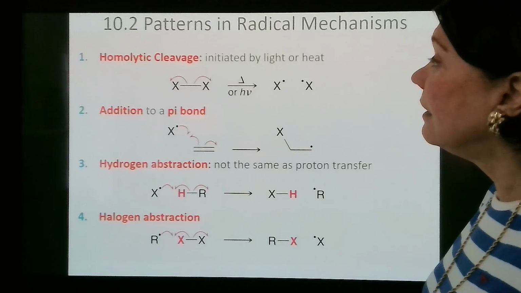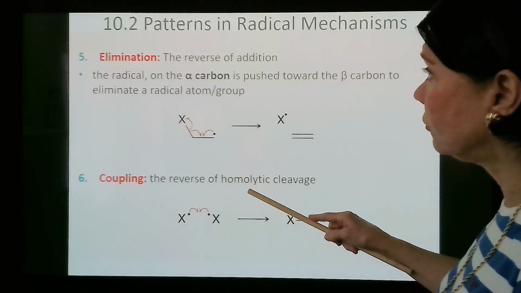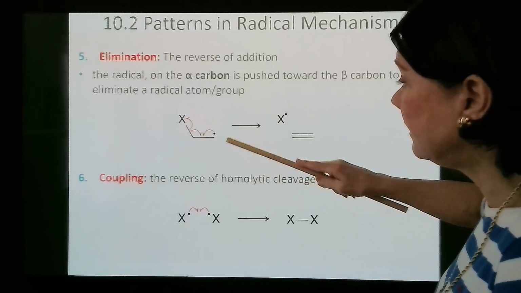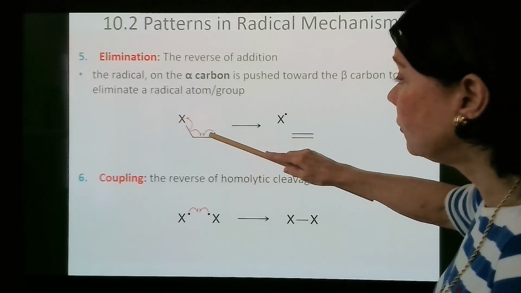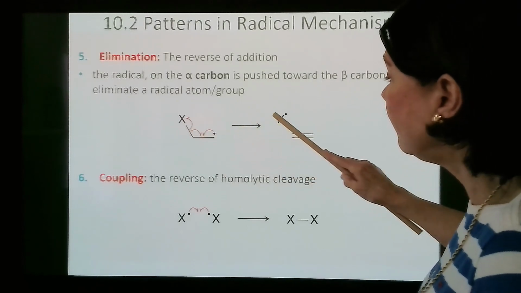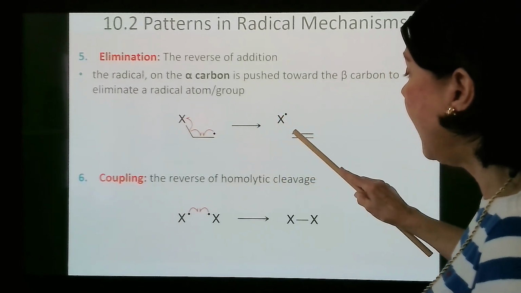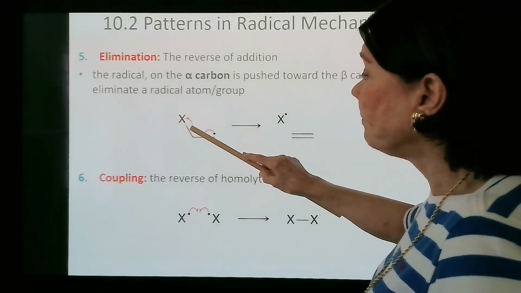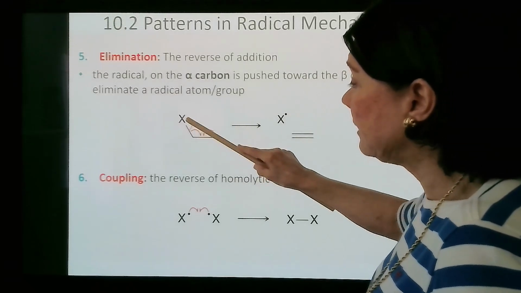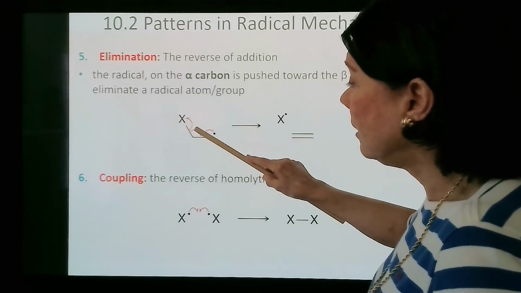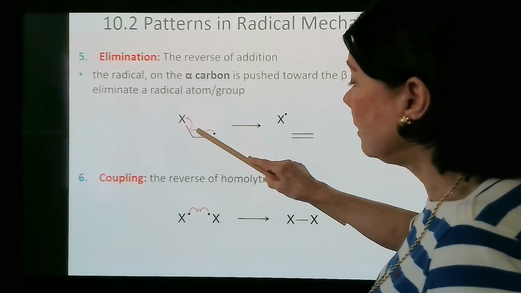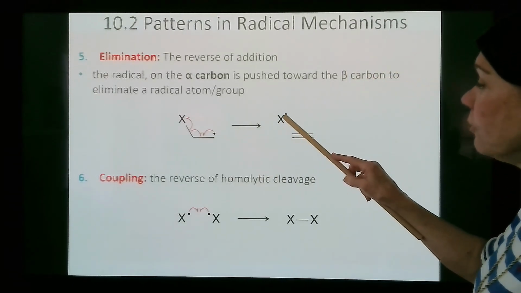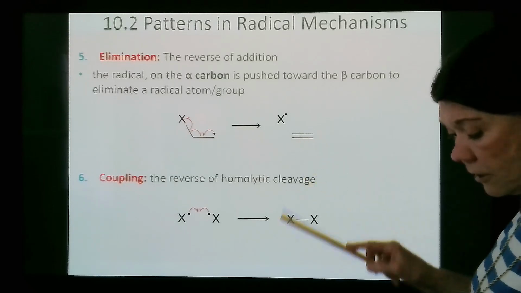And so that is reaction number 6. Okay? Elimination is the reverse of addition, where you've got this radical, you have the departure of X dot and the formation of a double bond. You can draw that by using one of the electrons from this carbon-carbon bond departs with X. The other electron moves in to form the pi bond. And look, you see here you've generated X dot and an alkene.